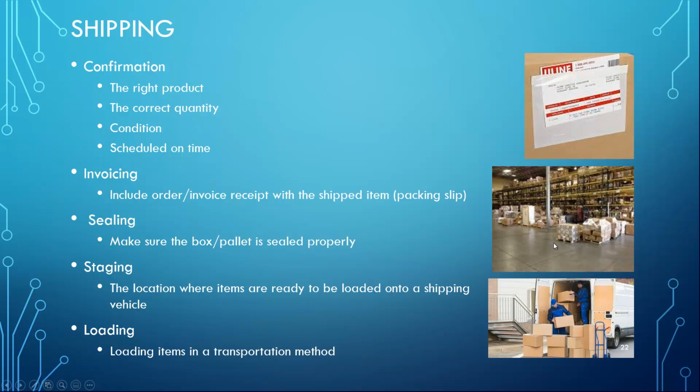And loading is the process of putting the packed boxes or pallets in the transportation method assigned for transporting these items, whether a truck, a ship, or a plane. Even if it's an airplane, usually it will be moved onto a truck and then sent. So most likely it will be a combination of transportation methods, not only one.